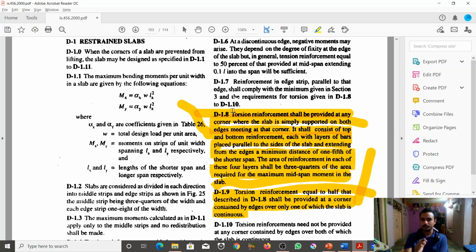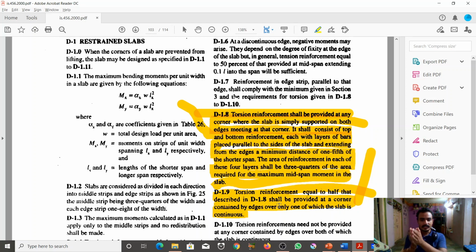This is described in D1.8, but what does D1.9 say? It says torsion reinforcement equal to half that described in D1.8. D1.8 is 3 by 4 of the area of reinforcement, and this value is half of that, means 3 by 4 into the area of reinforcement divided by 2.